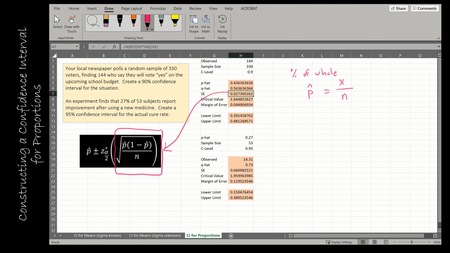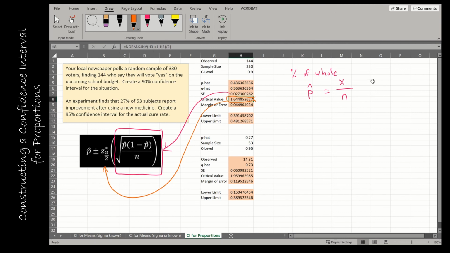And now I need to find the critical value, which is this guy. Hopefully we're very comfortable finding that critical value because this is norm inverse, or again, I could have changed this to norm dot S inverse, and the only thing that would do for me is make it so I don't have to put that 0 and 1 for mean and standard deviation. Just like I did last time, I added H3, which is the confidence level, and then I added 1 minus H3 divided by 2.